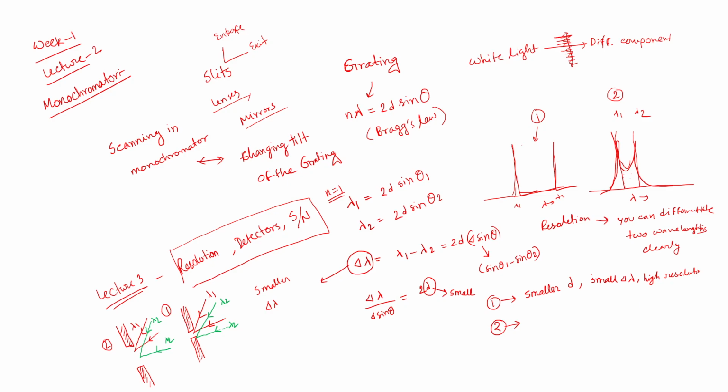If we decrease the slit, then only lambda 1 can pass through, and when we change the setting so that lambda 2 passes through the slit, lambda 1 will be blocked. Let me go back to my red pen. So these two things are required for a better resolution: a small d and a smaller slit width.